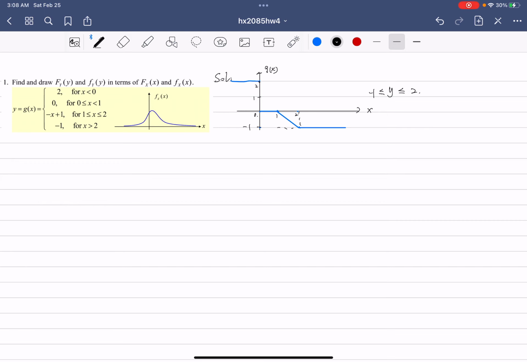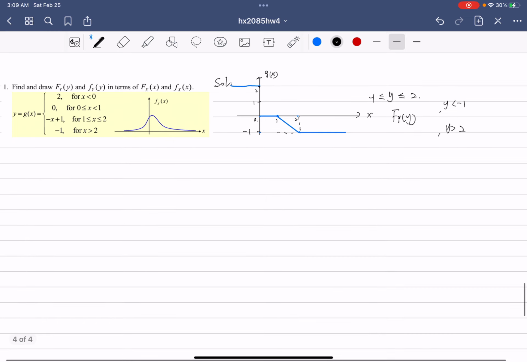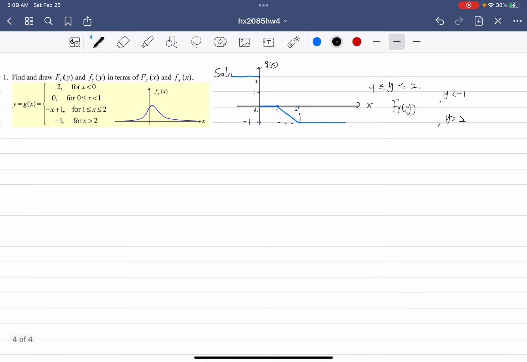So for y less than minus 1, the distribution function of y will always be 0. And for y larger than 2, the distribution function of y is always 1.